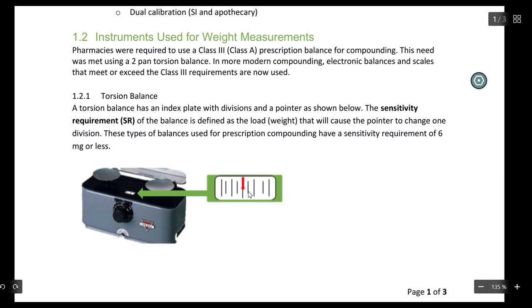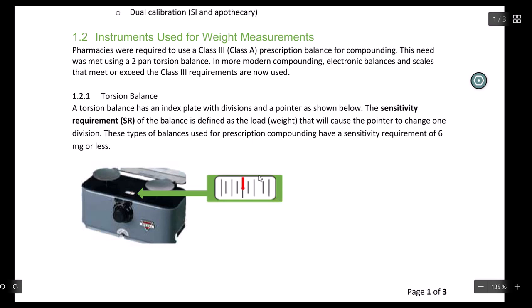So how much mass you have to put on to move. It's like you jumping on a scale, where the scale, if it only measures in, let's say, grams, and you put 0.5 grams on it, nothing will display on the balance because it hasn't reached the minimum amount. So this red thing will move, but only when it gets to one of those lines is when we actually do a reading, not in between.